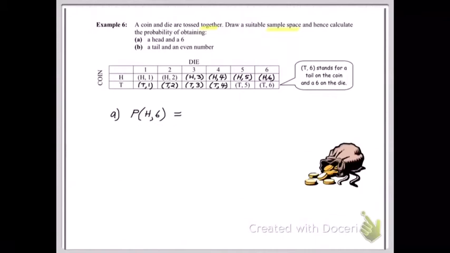So the probability of a head followed by a 6, well, there's only one outcome in 12 that will give a head followed by a 6. A tail followed by an even number, well, there are 3 possible outcomes, 3 successful outcomes out of 12, so the probability is 3/12, which reduces to 1/4.